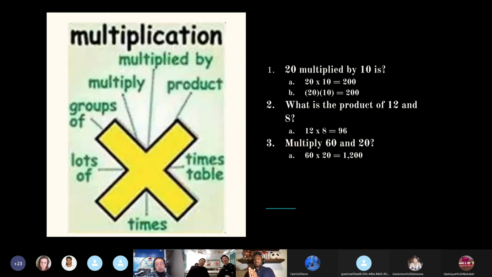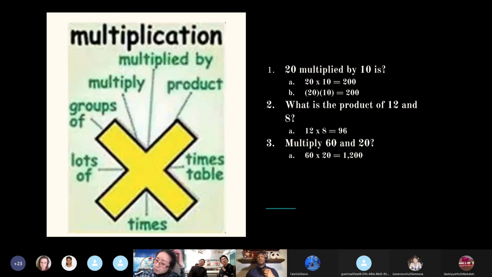But if we look at the examples on the right side, we can see the ones that are most commonly used. So 20 multiplied by 10, we could do 20 times 10 equals 200. If you want to use a parenthetical expression, you could also do that, equals 200. And the other thing is times.